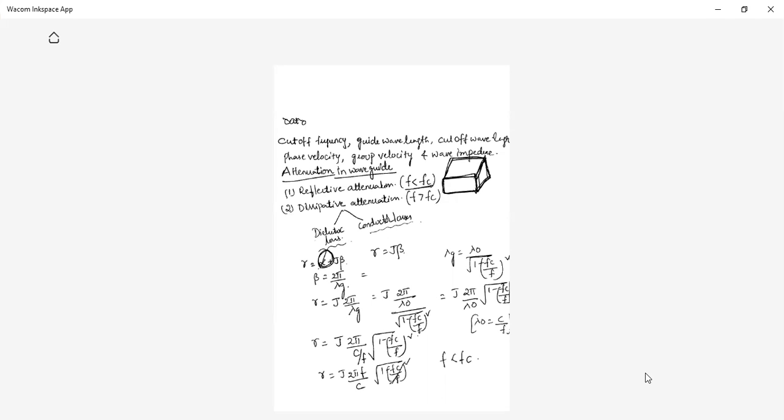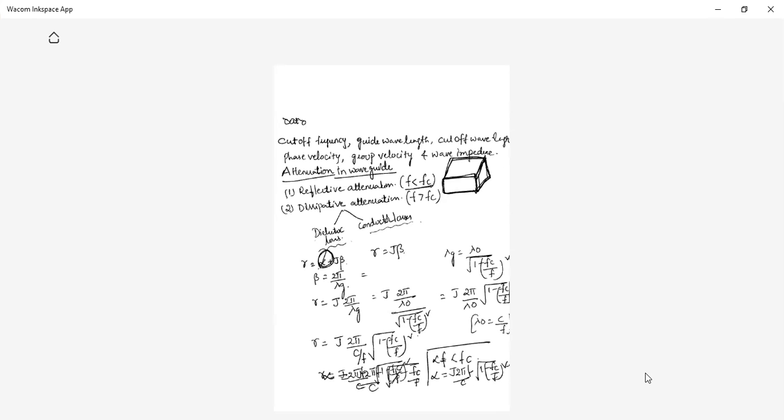So the expression can be written as alpha is equal to j 2 pi f by c into square root of 1 minus fc by f. Sorry, I'm not seeing here, I'll write here. So alpha is equal to j 2 pi f by c into square root of 1 minus (fc by f) whole square.